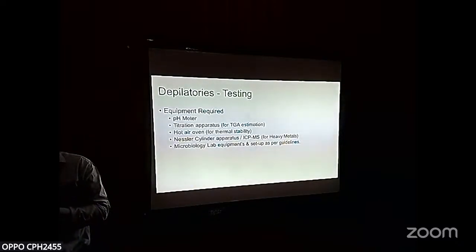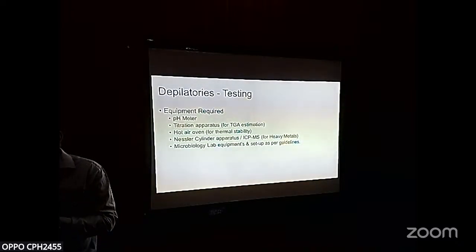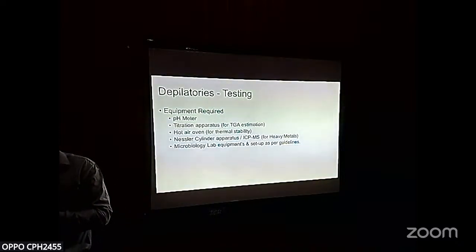Because everybody's body does not react the same way. Some may happen in 10 minutes, some in 15 minutes, some may take 20 minutes also. So there should be some normative references wherein you are able to see that hair removal efficacy is properly seen.